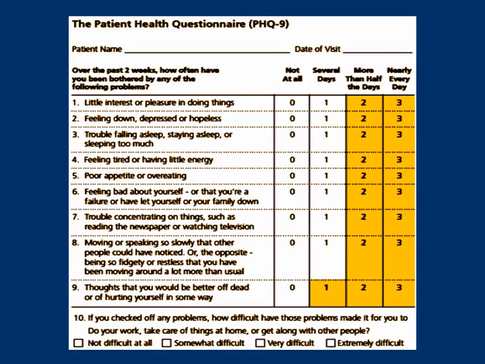So if you look at the features, it looks at little interest, feeling down, sleep abnormalities, low energy, appetite abnormalities, feeling bad about yourself, concentration problems, either moving so slow or moving so fast that it's abnormal. Question 9 is a big deal. Any positive response to this needs immediate reporting and documentation. The only tricky part I have with this scale, if you look at how it's rated, 0 is not at all, and then you jump to several days. So that can be a little tricky, but the scale is globally used, very well validated, so it certainly has its strengths. Next slide, please.